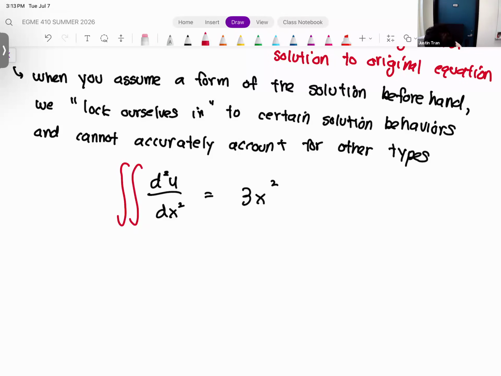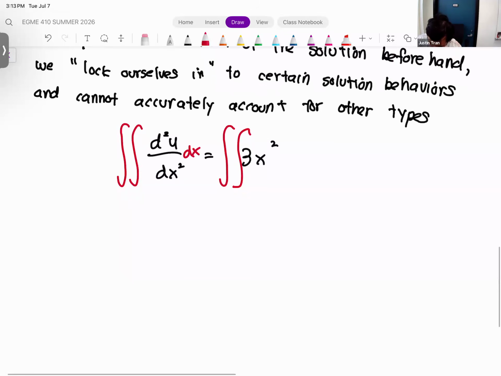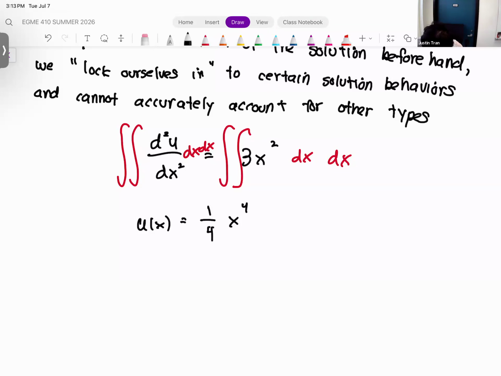Let's just do that really quick. I'm using shorthand notation here. I'm integrating twice with respect to x. Normally you would do this one step at a time. But what you obtain from this is u of x is equal to 1/4 x to the fourth plus c1x plus c2.